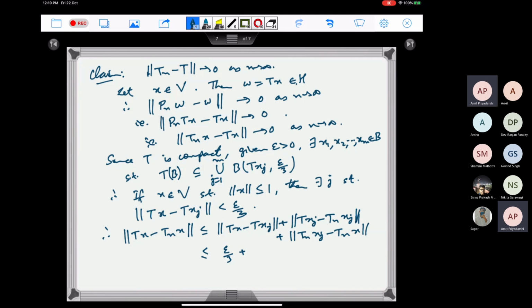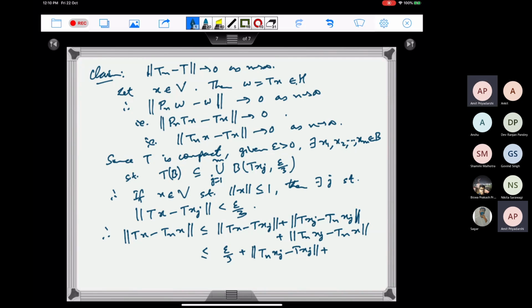Right. So let me write this as Tn xj minus T of xj plus the third term Tn of xj minus Tn of x.